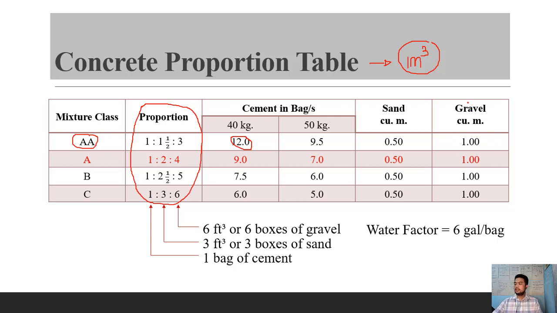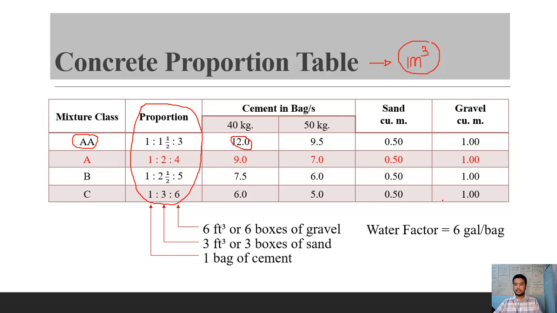So try to imagine this. If you are adding gravel and sand, which is 1 cubic meter and 0.5 cubic meters, would it be 1.5 cubic meters? No, because if you are making 1 cubic meter of concrete, it will fill all the voids that are in between the gravel.